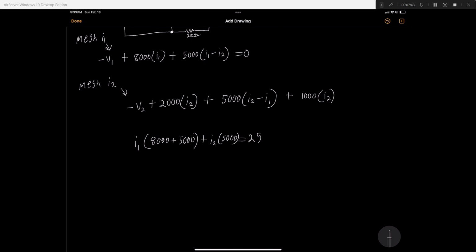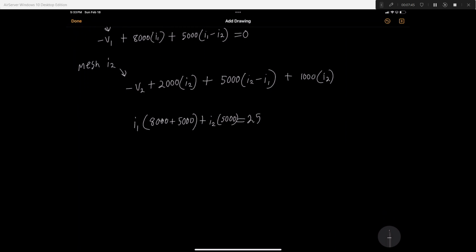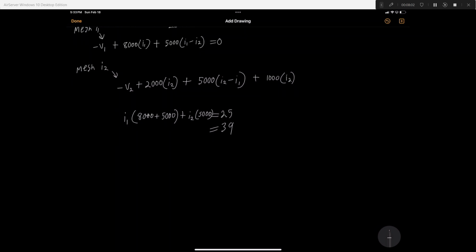And then we have to do it for the next one to get the next part of the matrix. V2 is 39. Negative 39 moved over makes it positive, equal to. Factor out I1. We want to make sure that we keep our matrix lined up so that when we plug it in, it doesn't get messed up. Plus I2.